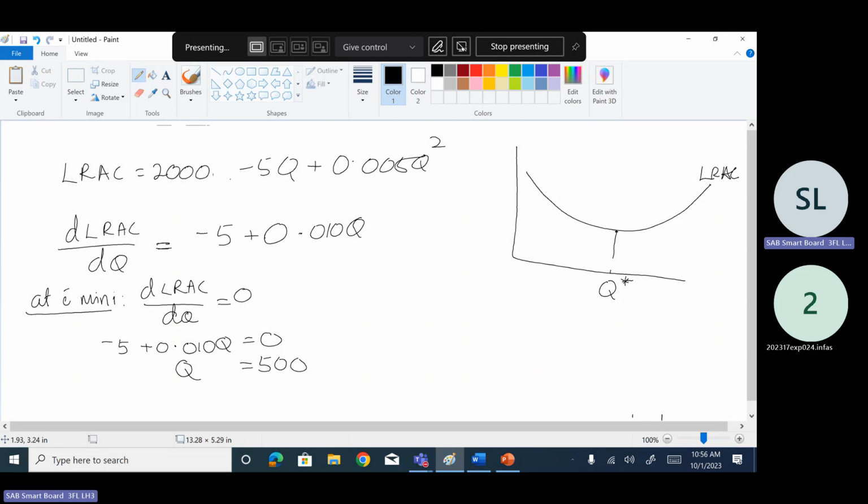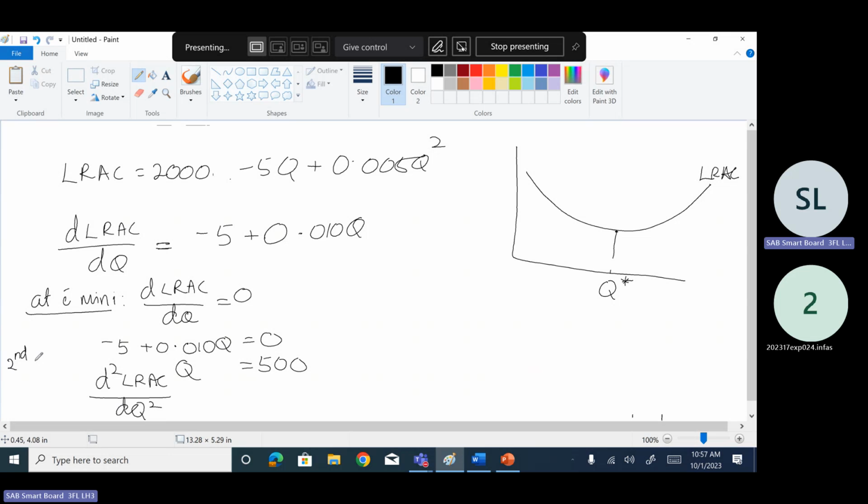In order to confirm the minimum point, we take the second order derivative. You differentiate this function again, so that means d2 LRAC, because we want to confirm the minimum point.